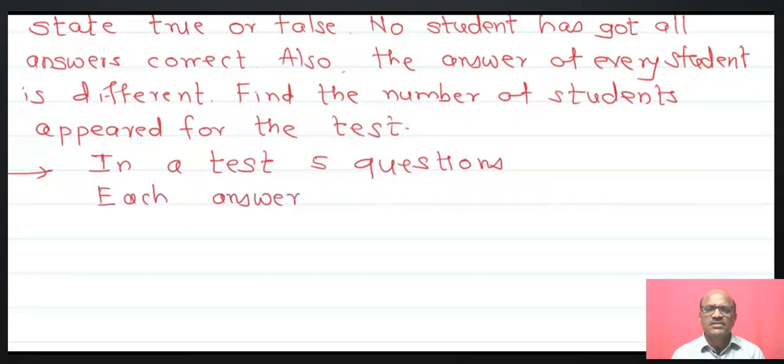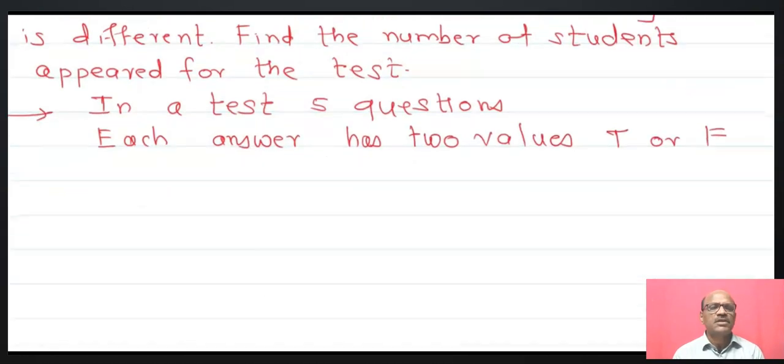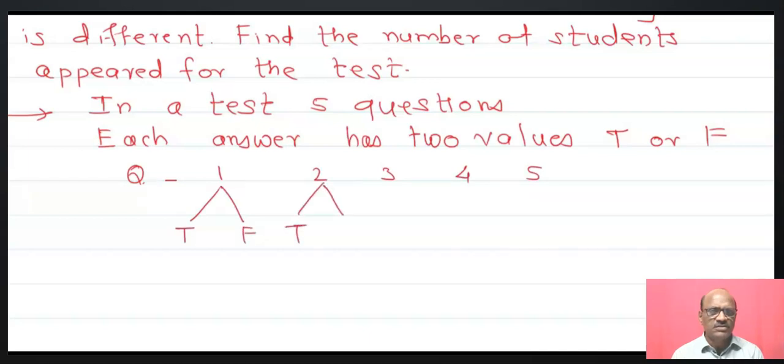Each answer has 2 values, T or F. This is question number 1, 2, 3, 4, 5. Each has 2 answers.